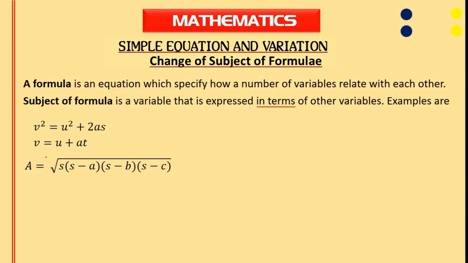We also have a formula for area: A equals the square root of s times (s minus a) times (s minus b) times (s minus c). So you can see that in each of these cases, v squared is the subject of the formula in the first, v is the subject in the second, and A is the subject in this one. There are many other formulas, like when you say that density d is m over v.